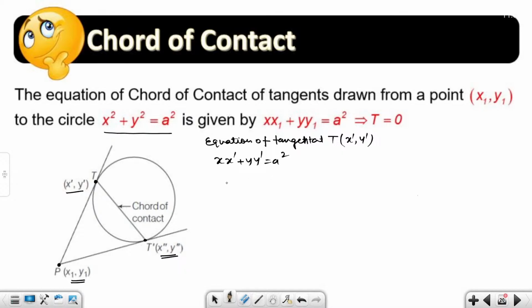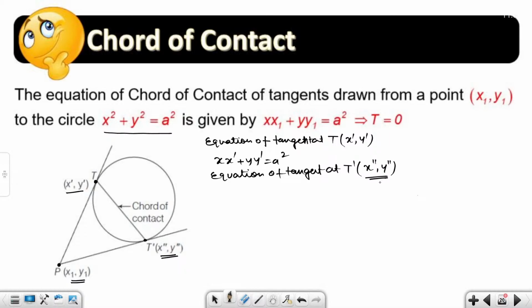Is it clear? Now similarly, what will be the equation of the tangent PT dash? What is the equation of the tangent at T dash, which is (x double dash, y double dash)? Again, this point is very much on the circle.